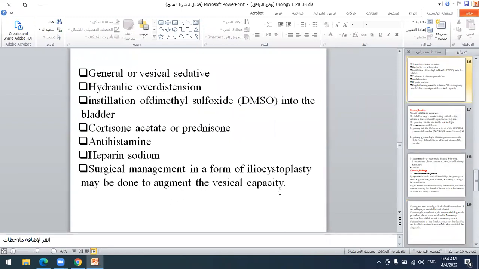So, this is a very important topic. It most commonly occurs in middle-aged women. No one knows the real mechanism of its development.